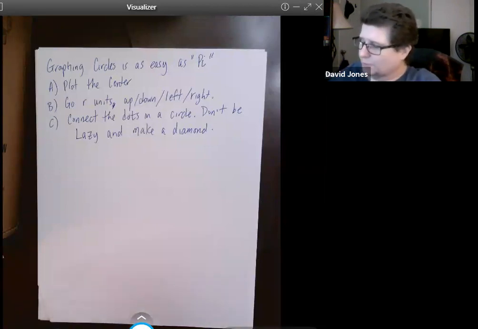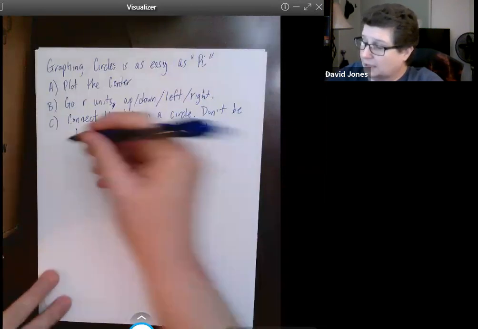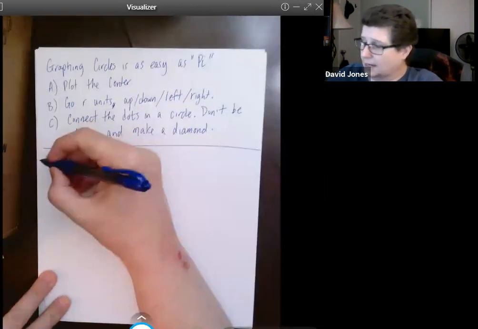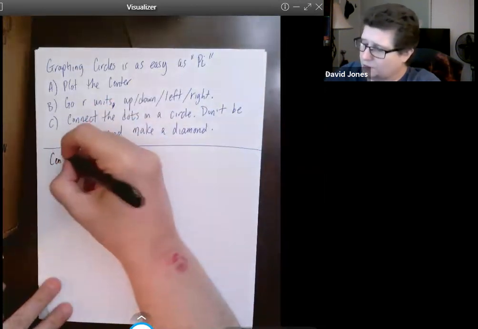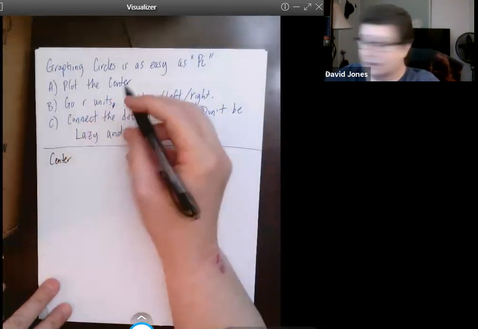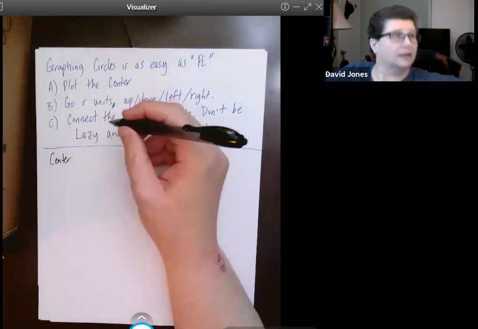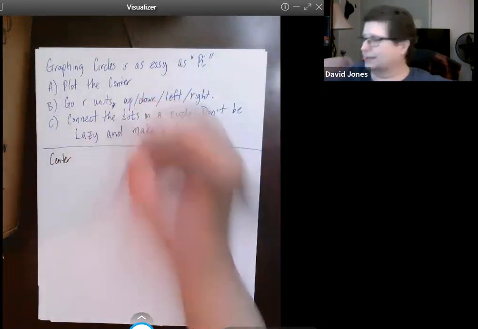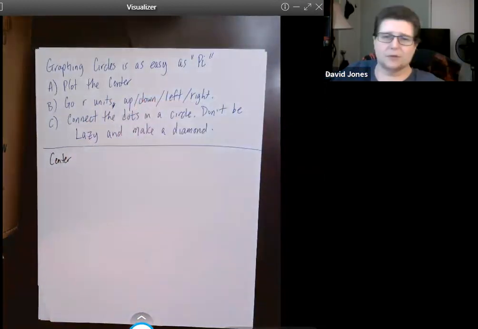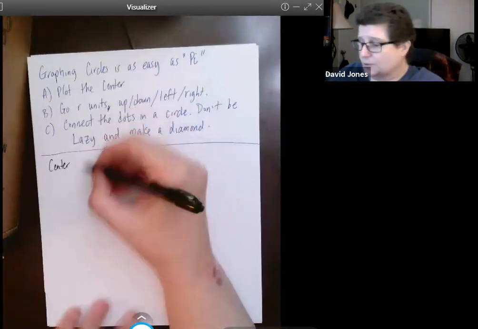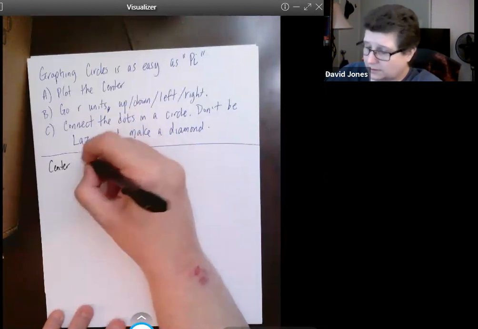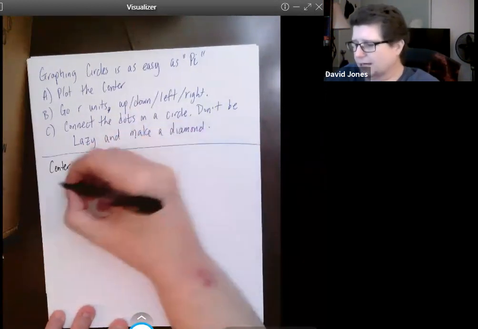So let's look at some graphing. Let's do center is (1, −2). I already did that, didn't I? That was the first one I did. Let's graph some of the ones we just said. Let's do the unit circle, (0, 0) with a radius of 1.